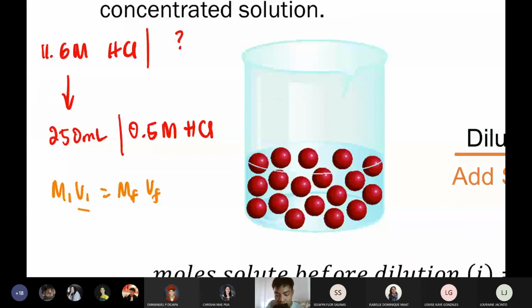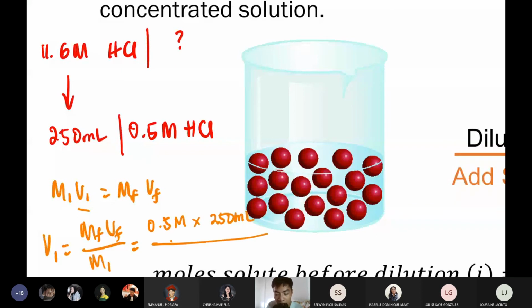Okay, so VI equals MF, VF over MI. Then plug in natin lahat ng info. So MF, final molarity, 0.5. Ano yung final volume? 250 ml. Ano yung initial molarity? 11.6 molar. Solve natin. Gano'ng karaming original substance ang needed.